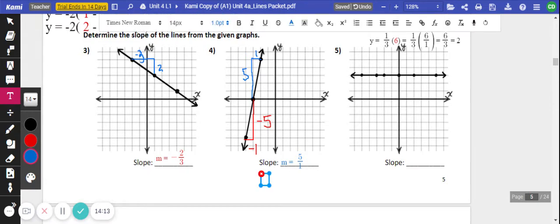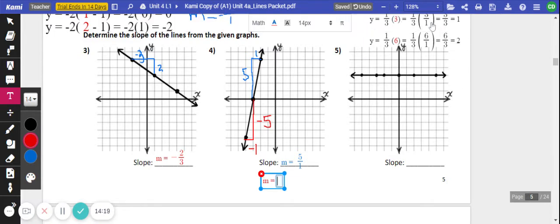Well, I'm going to have a slope equal to -5 over -1, and a negative divided by a negative is going to be the same as a negative times a negative, which is just 5/1.